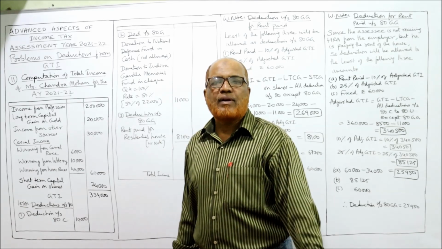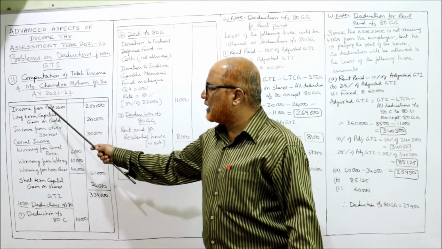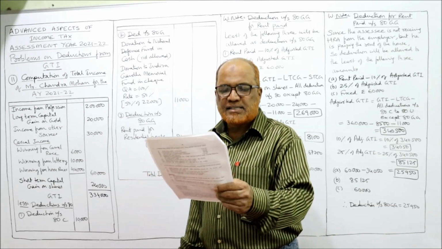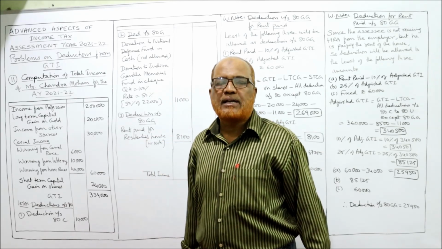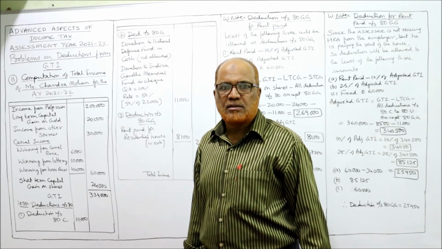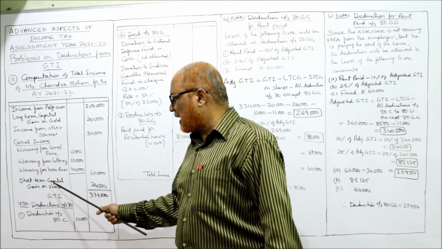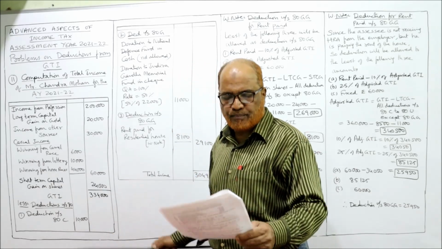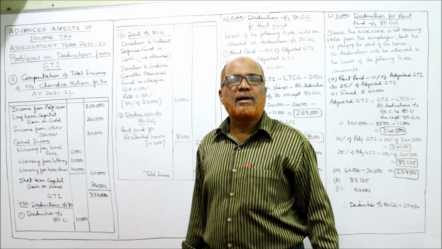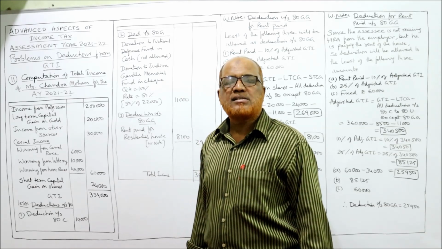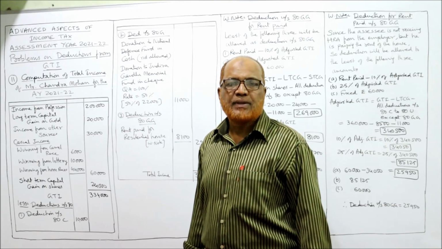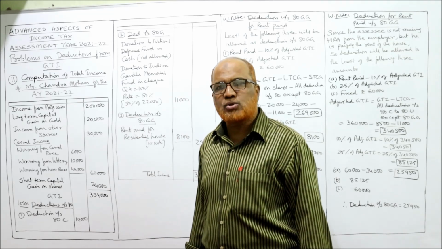First item, income from profession. I have taken income from profession 2 lakh. Second, short-term capital gain on shares, 24,000. Next, winning from camel race. Winning from camel race is a casual income that is taxable under income from other sources.